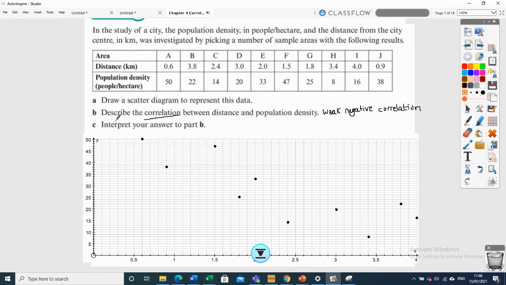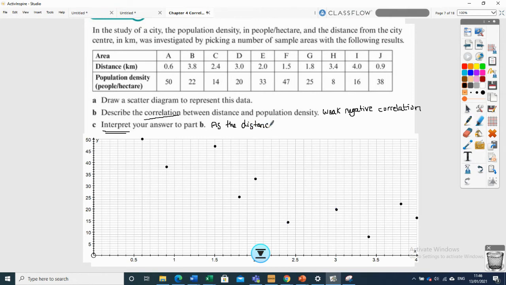Okay. For part C, and this is where students sometimes don't understand what they have to do, it says interpret your answer. Interpret your answer means to actually describe what's happening, describe the relationship between the two variables, the distance and the population density. So you need to use those actual words in the question, in your interpretation. As the distance increases, always start with your independent variable.